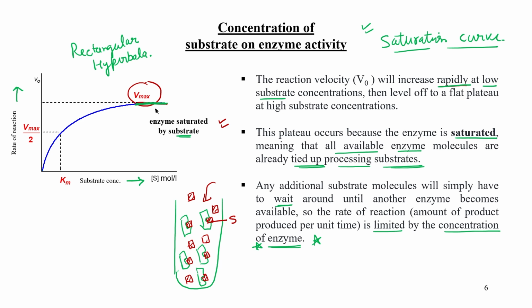So this is the relationship between substrate concentration and enzyme activity. The concentration of enzyme acts as a limiting factor. If you put in 10 times the substrate, there is no need, because the enzyme can only bind as much substrate as it has active sites.